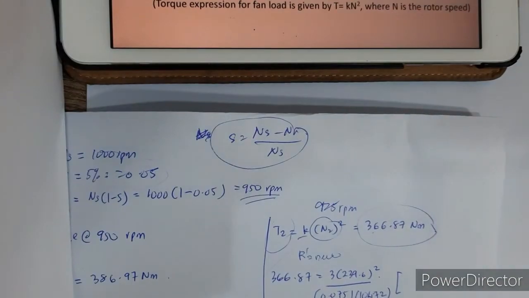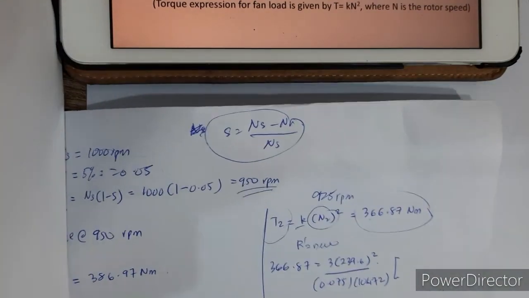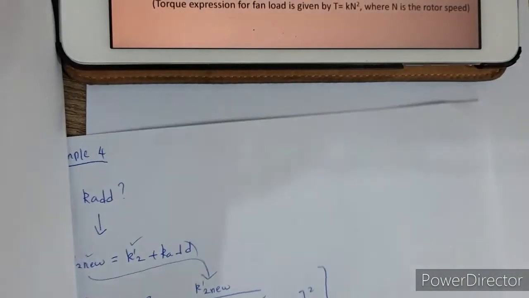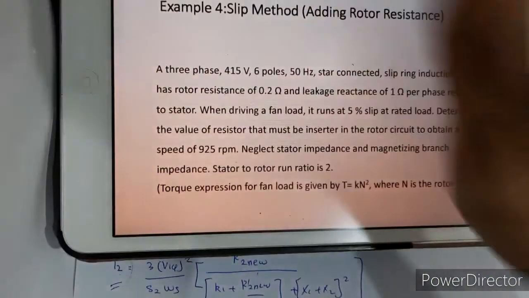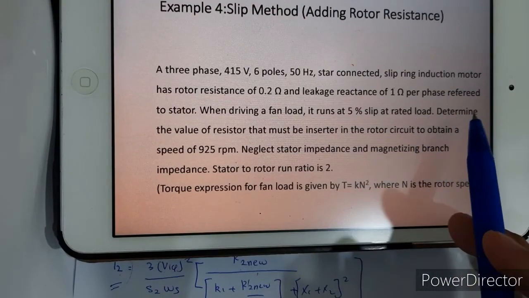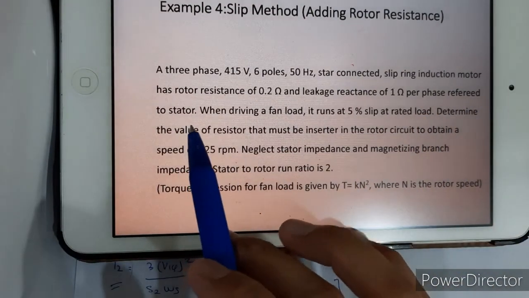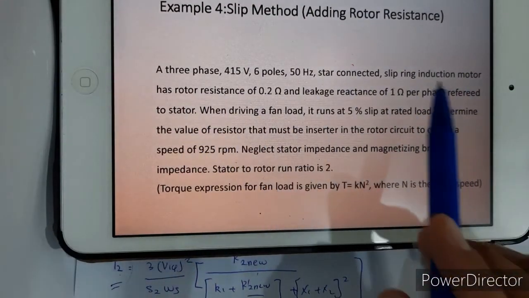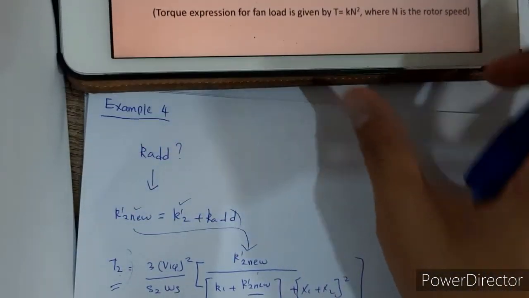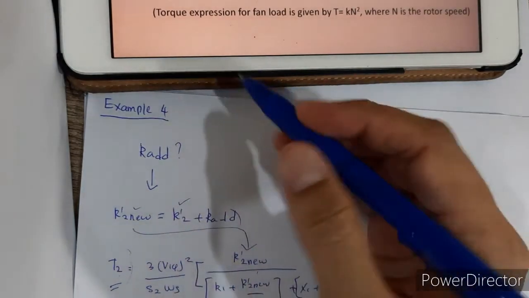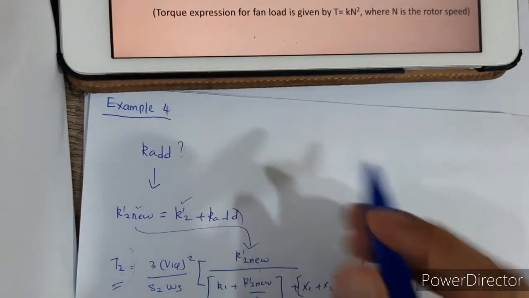This is okay, because we know that when we do this analysis, all the parameters we mention here are referred to the stator. The parameters in this equation are referred to the stator, but we want to add our resistor in series with the rotor resistance.